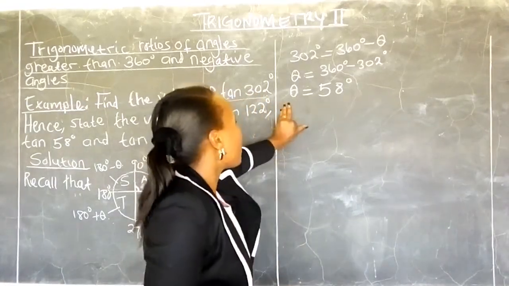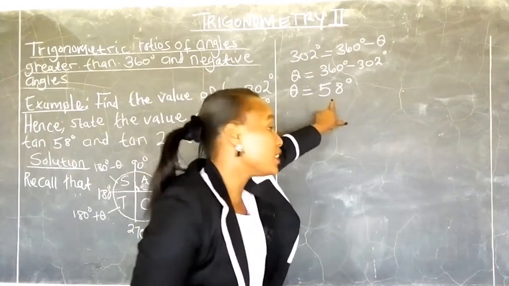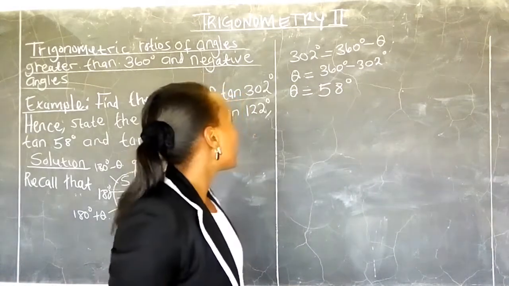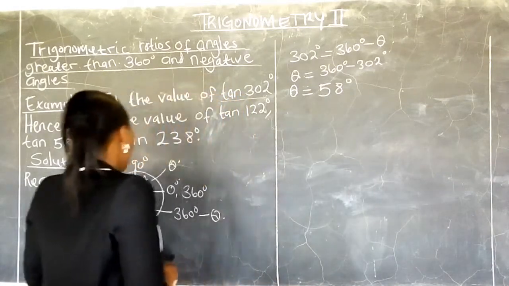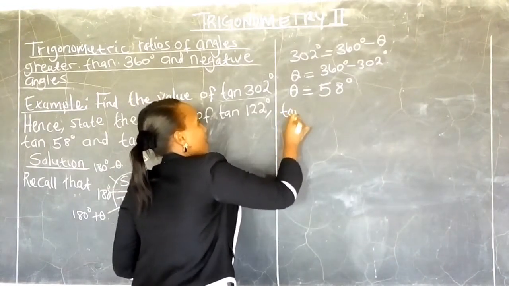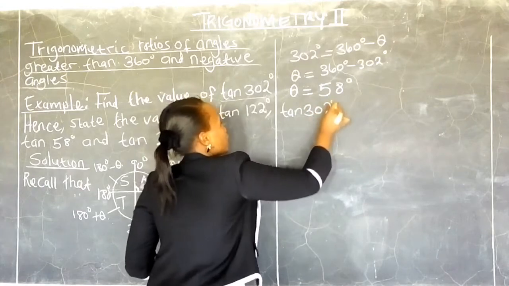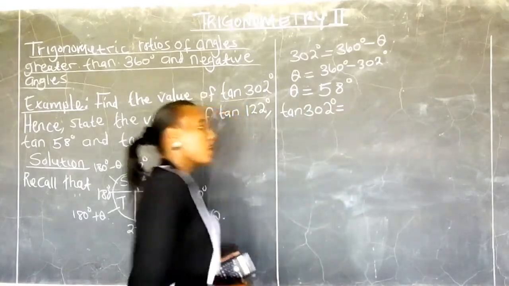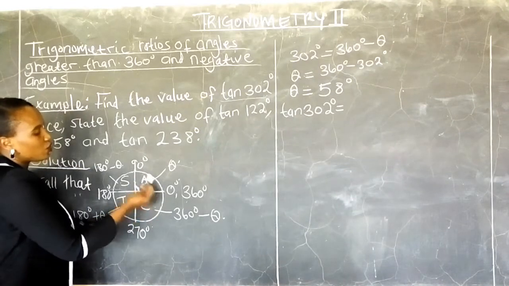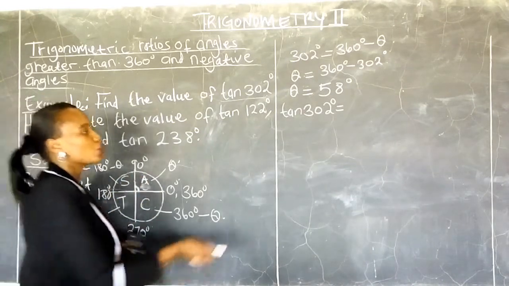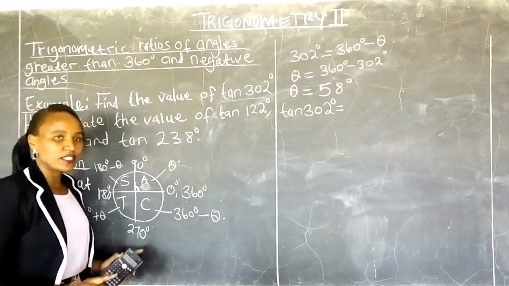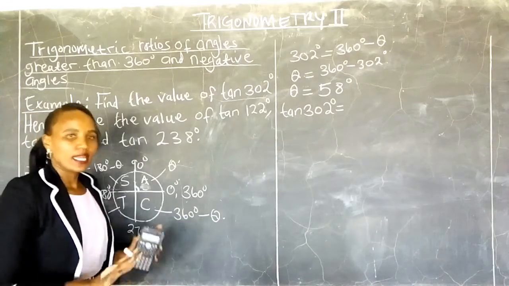Okay, now that our theta is equal to 58 degrees, and if you remember in our previous episode, we said that if this is theta, then it means that tan 302 degrees is equal to, okay, remember that all trigonometric ratios between 0 and 90 are positive, right? And we know that in the fourth quadrant, it's only the cosine that is positive. The rest would be negative.